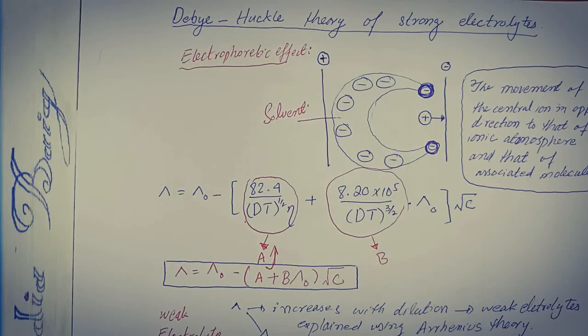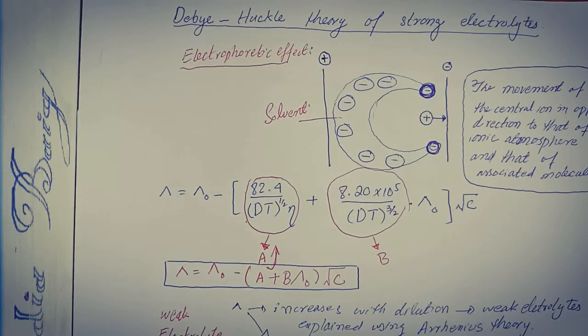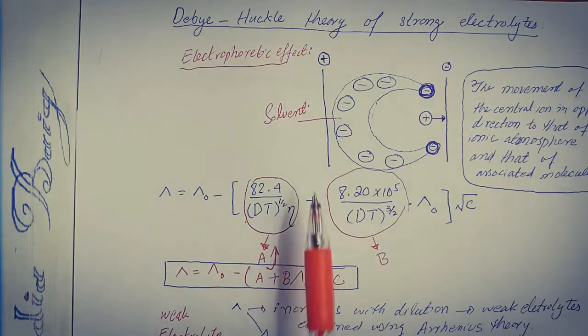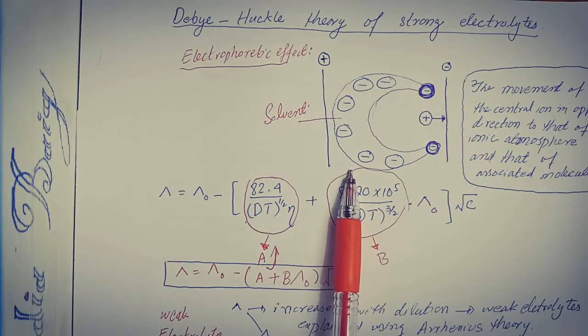The second reason behind the decrease in the conductance of strong electrolytes with dilution is the electrophoretic effect, which is explained using this figure.